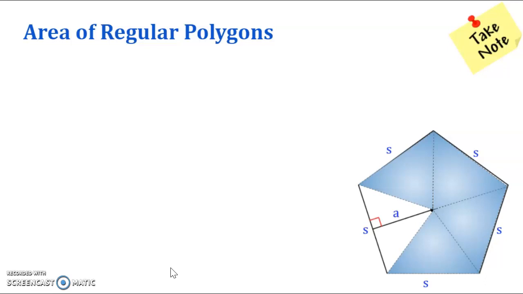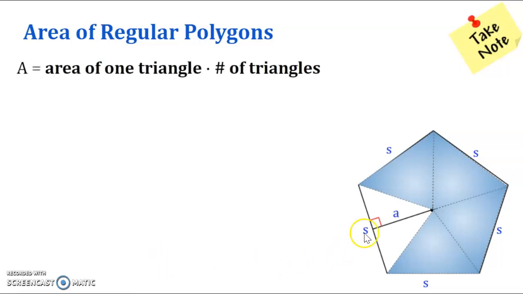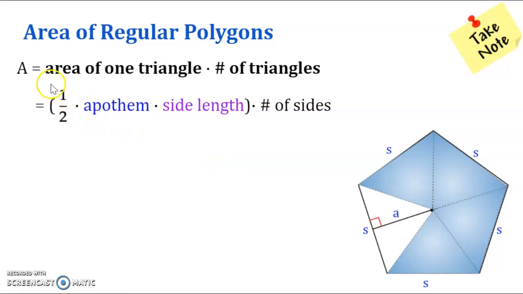So where we've left off, you're taking notes on the area of a regular polygon. You're going to find that by finding the area of one triangle and then multiplying that by the number of triangles. The area of one triangle is going to be half times apothem, because apothem is going to be the height of the triangle and the side length is going to be the base of the triangle.